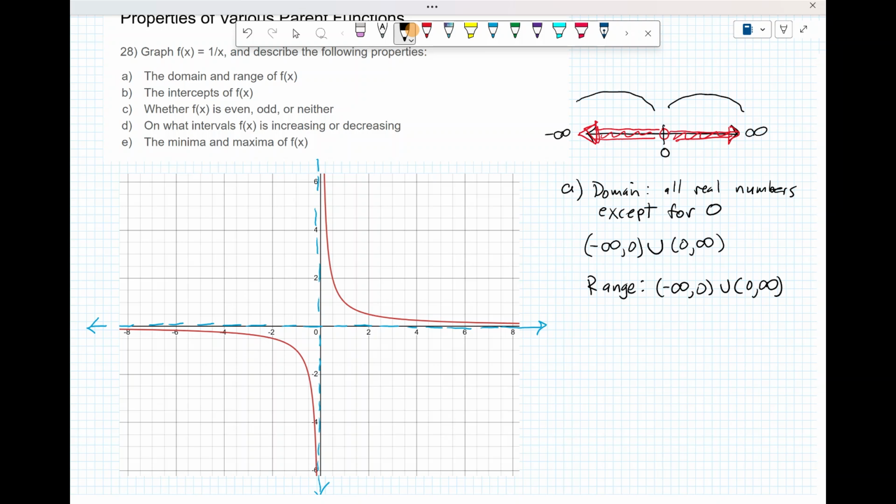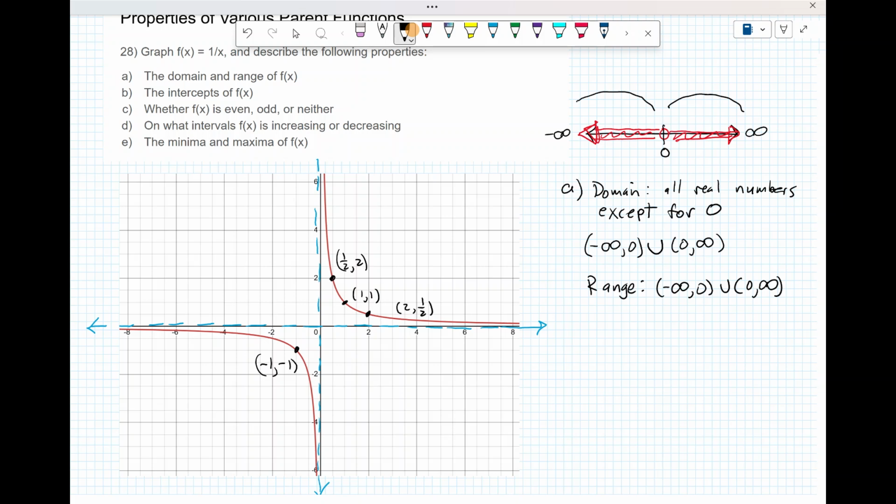Let's see, what are my important points here? I would say this point, which is -1 comma -1, and 1 comma 1. And let's just do at least 2 more. Let's do 2 comma 1/2, and this would be 1/2 comma 2.